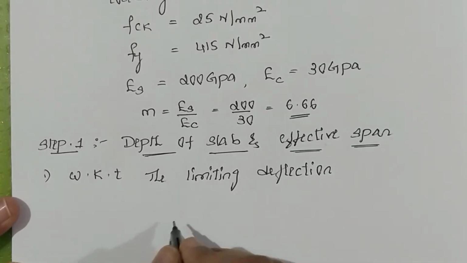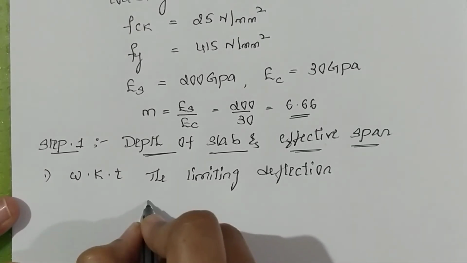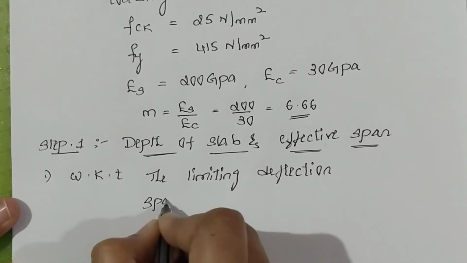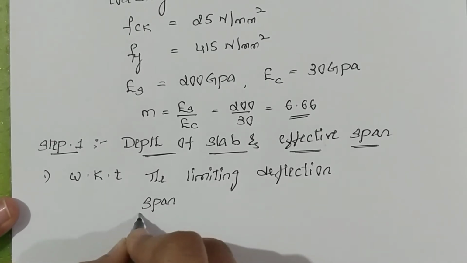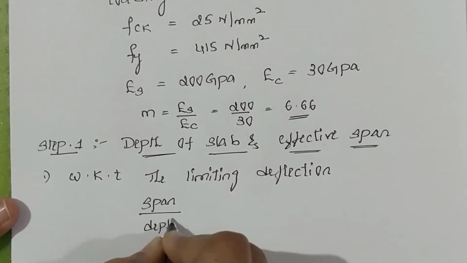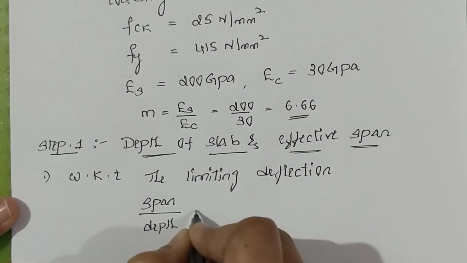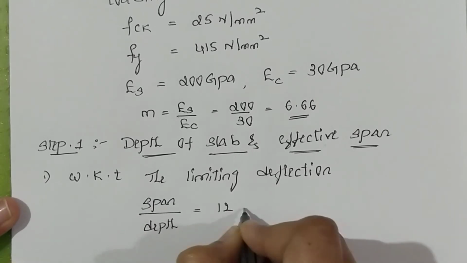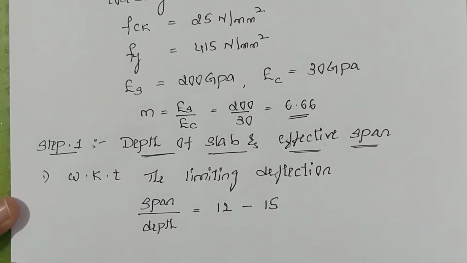From the limiting deflection criteria, the span by effective depth ratio for the simply supported case will be equal to 12 to 15.